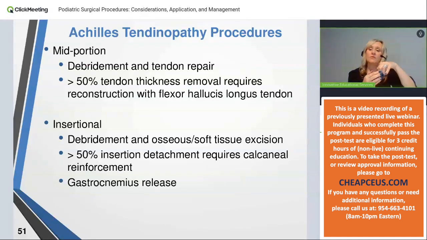And depending on how far back those fibers have receded, they may need some type of grafting also. That particular patient, when it's insertional, will often also have that gastrocnemius release procedure that we've talked about previously.